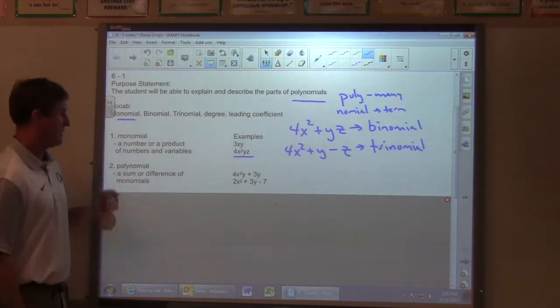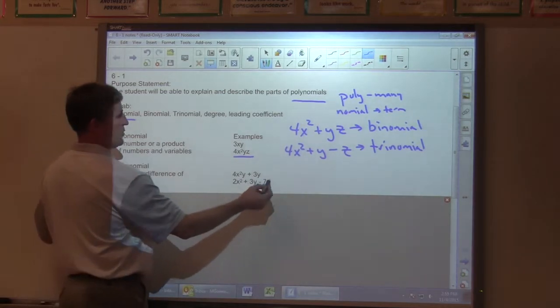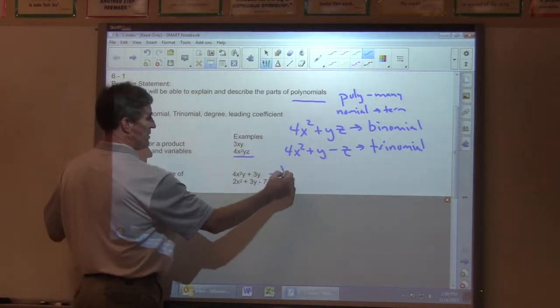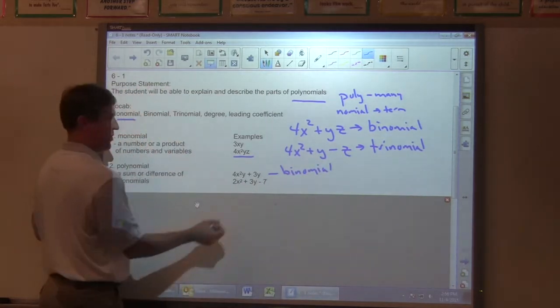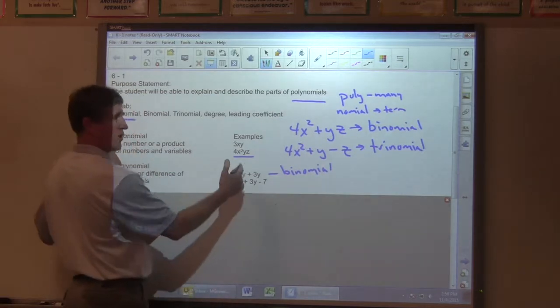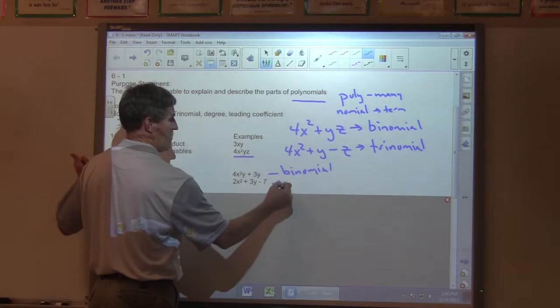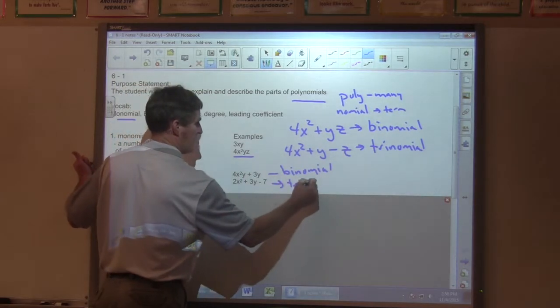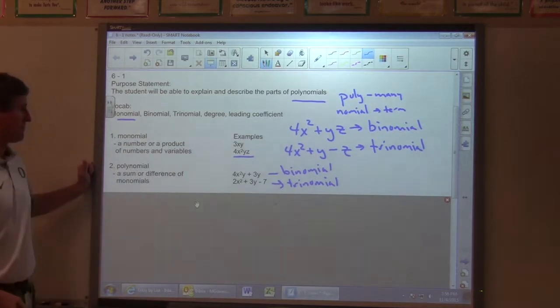So again, separated by addition, subtraction signs. So this would be a binomial because it's two terms. And here we have addition and subtraction. And again, these could be multiple addition signs or multiple subtraction signs, but that would be a trinomial because it's three terms.